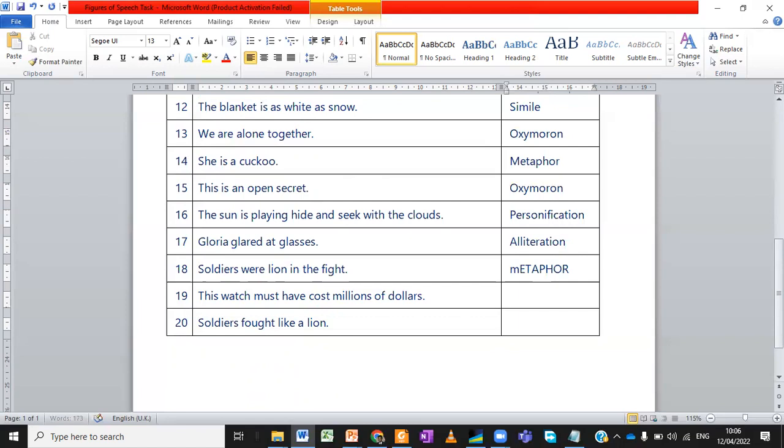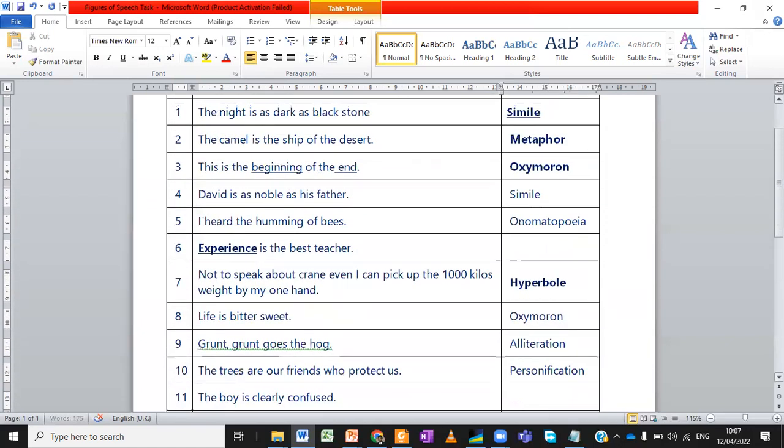Number 19. Hyperbole, that's very correct. Number 20, very easy. Simile. Of course. Now, actually, you did very well, okay?